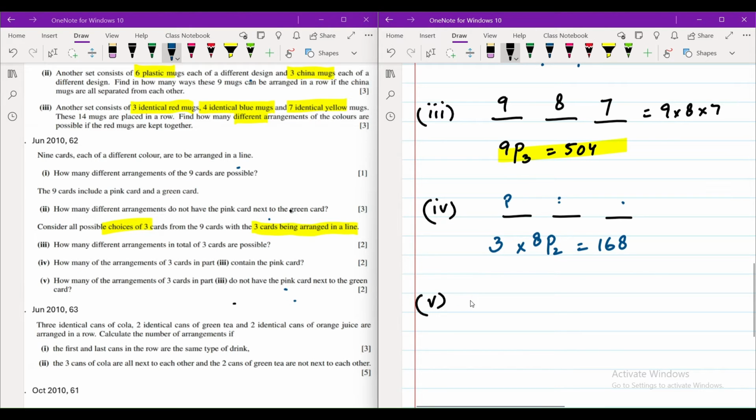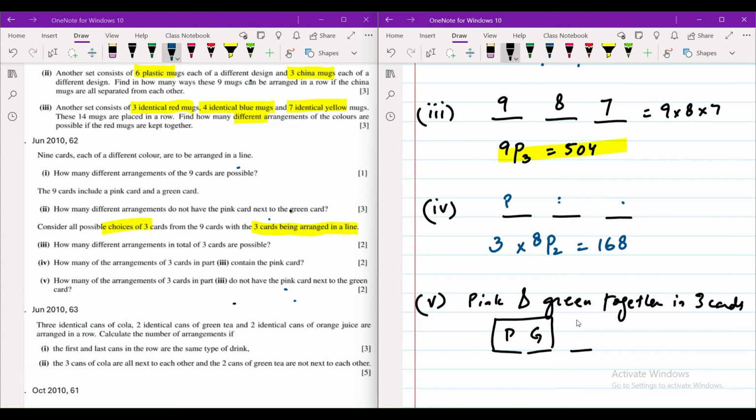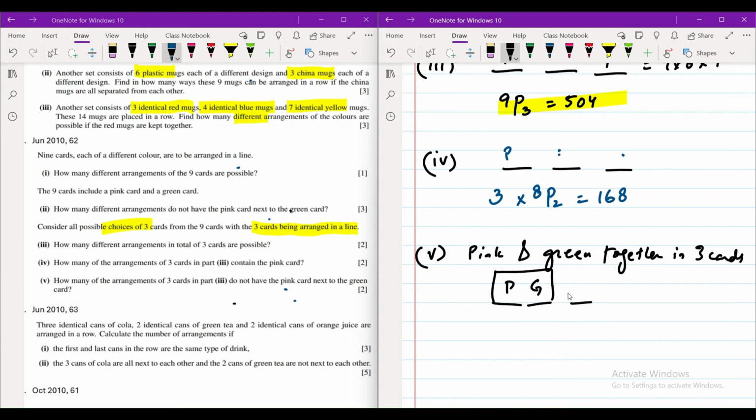So pink and green together in 3 cards. So we have pink, green, and some other, right? So that means 2 of them are already selected. So that means I have to select from 7p1.